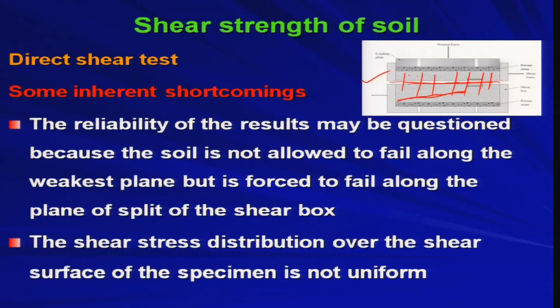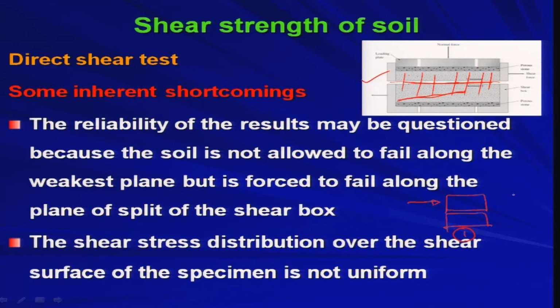Now, the shear stress distribution over the shear surface of the specimen is not uniform. So, basically what is happening? Suppose in the first instance you have the two boxes like that. When you are pushing one half of the box with respect to the other half, this is configuration 1, at the initial stage or the start of the test.